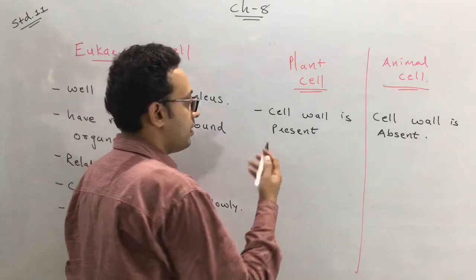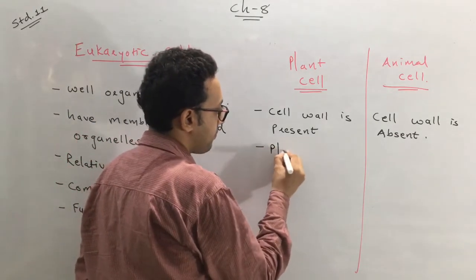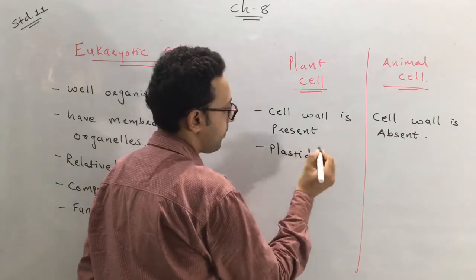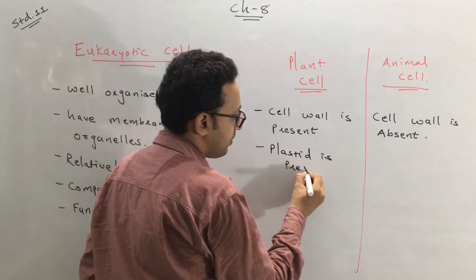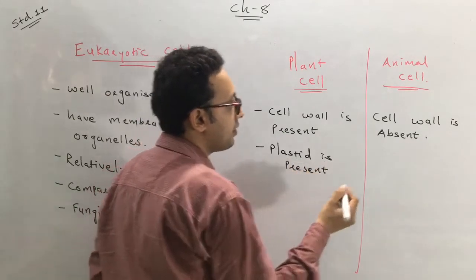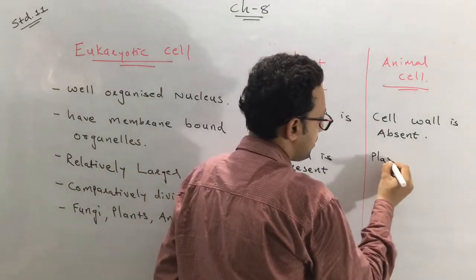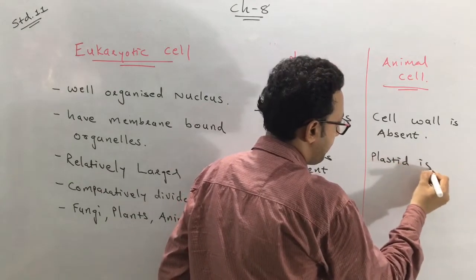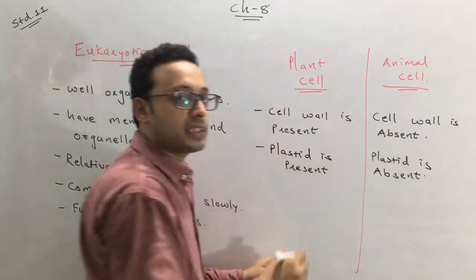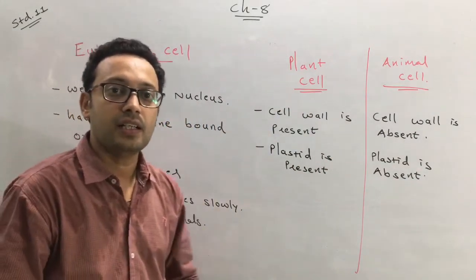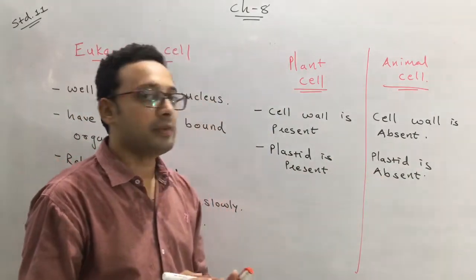The second one is plastid. The plastid is present in plant cell, but the plastid is absent in animal cell. Plastid is found in plant cell, it is absent in animal cell.